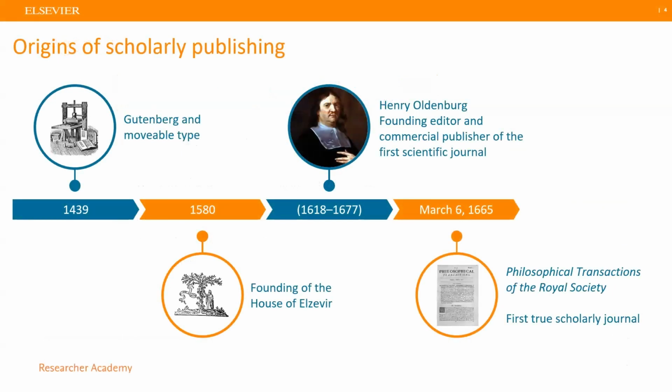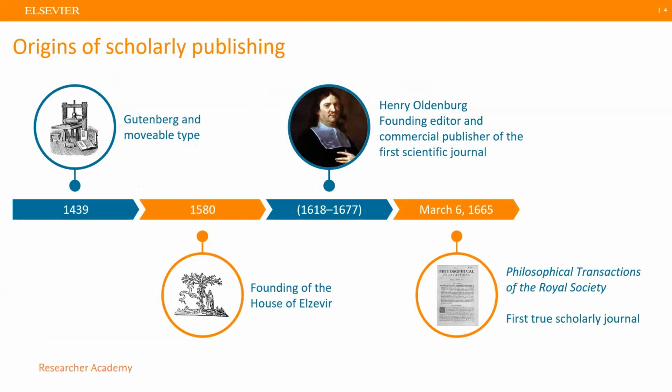In order to understand why we're doing this, I thought I would just give you an idea of the origins of publishing. And it all started actually with the Gutenberg press, which of course you are very much aware of as it was a German invention.